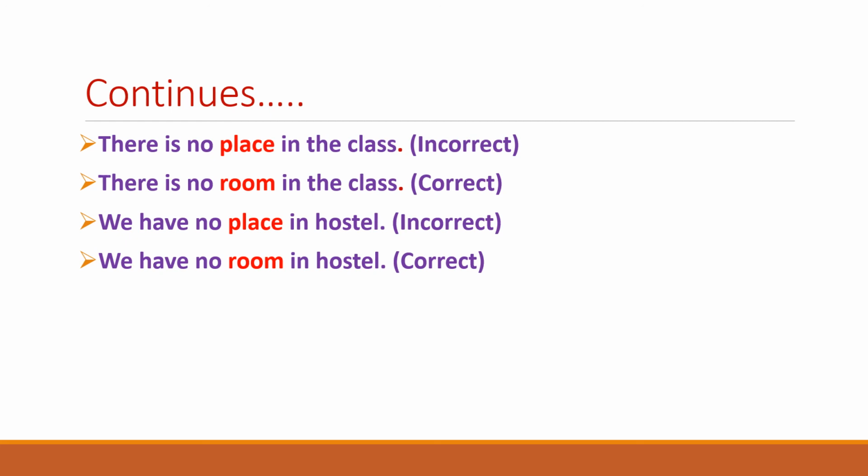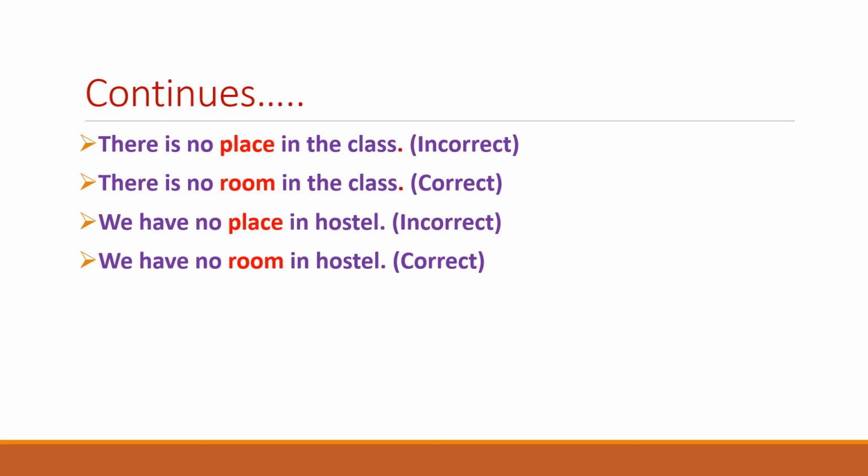So the simple rule is that for the availability of space, the expression place is the incorrect use, whereas the correct expression is room.